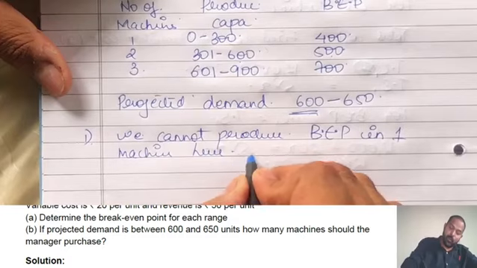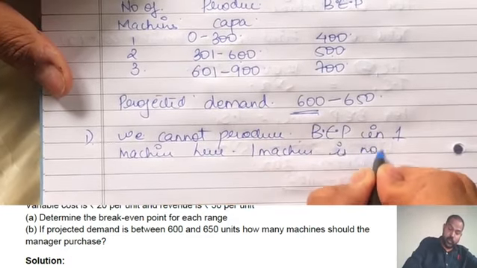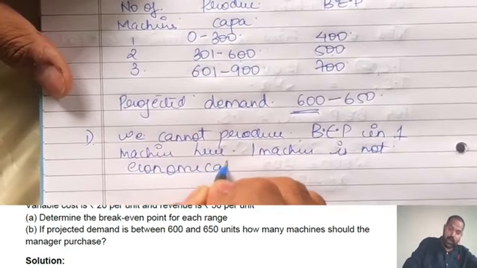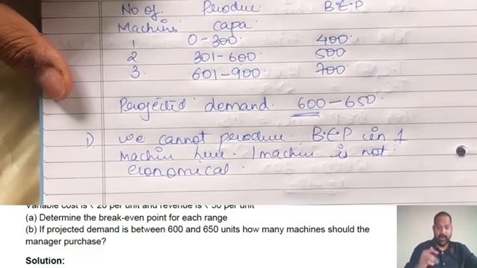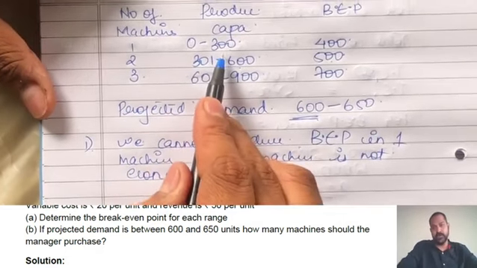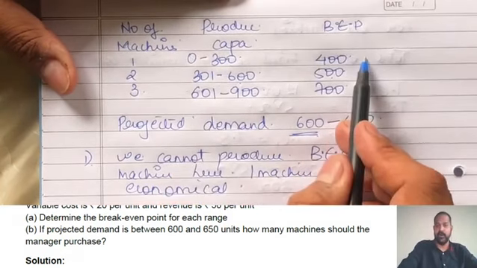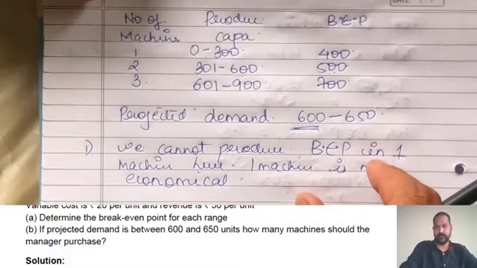Hence, one machine is not economical. Again, why? One machine can only make 300 units. You are expecting a break-even at 400. So if you can never reach the break-even, you are never going to make profit.